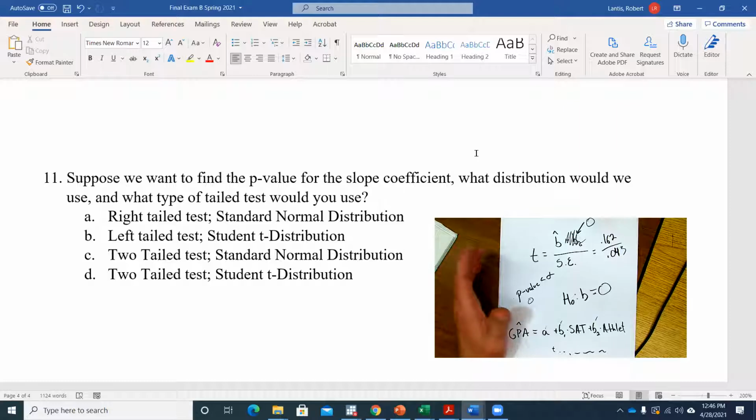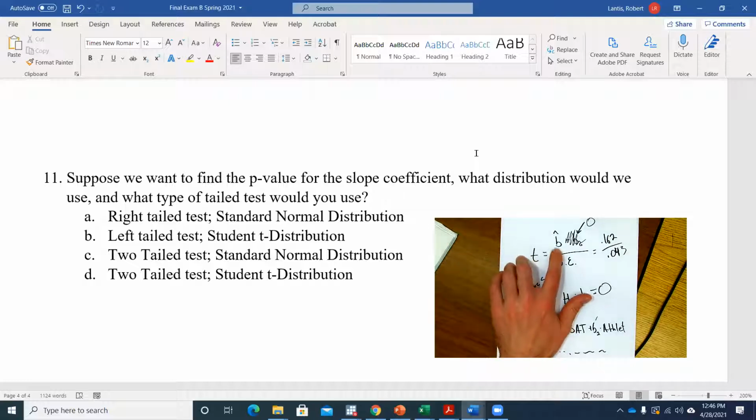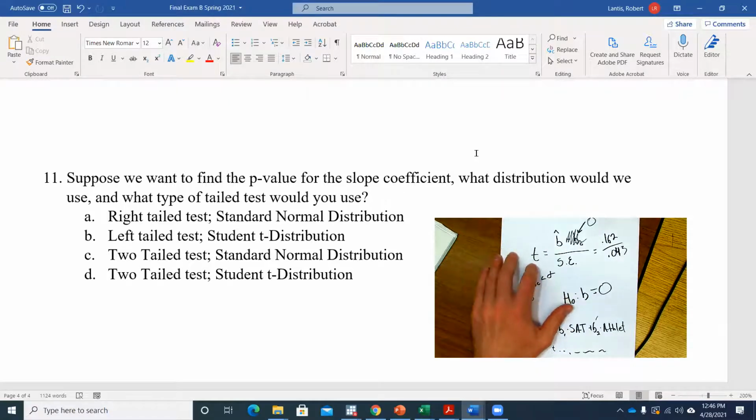We're always given the p-value from Excel, but just in case I did want to look it up, I should always be using a student t-distribution, right? At the very beginning I said for these coefficients, we use a student t-distribution.